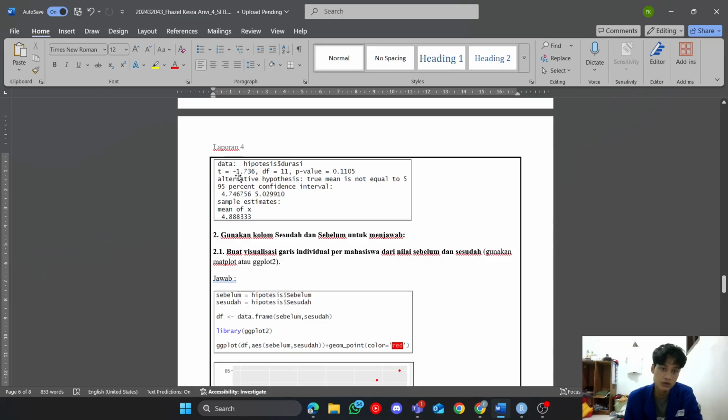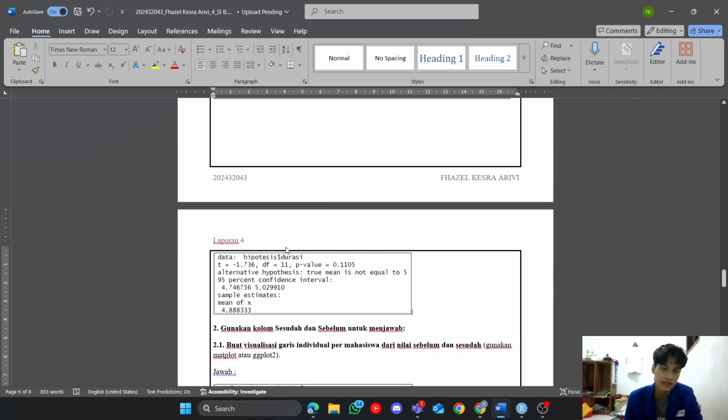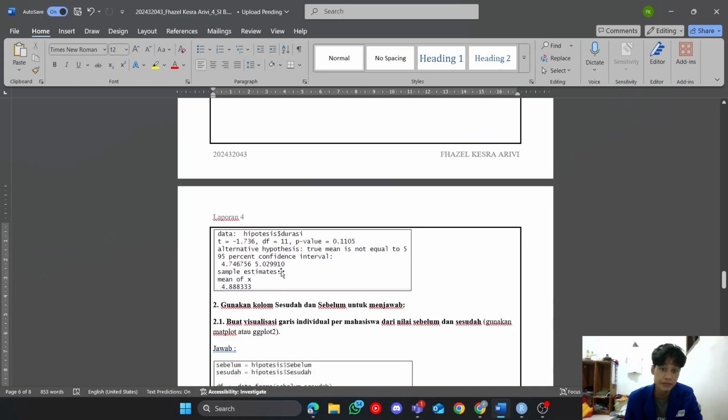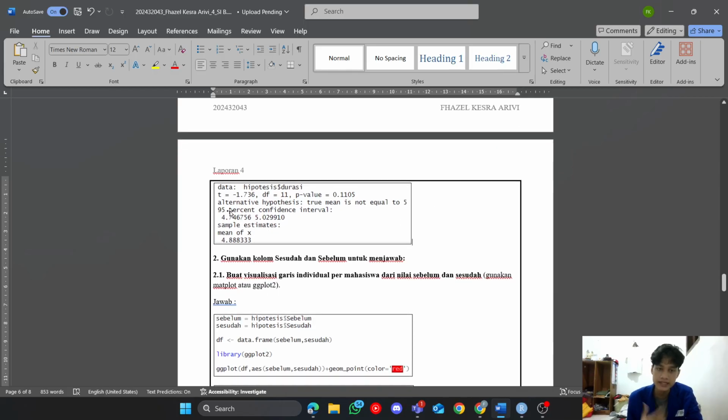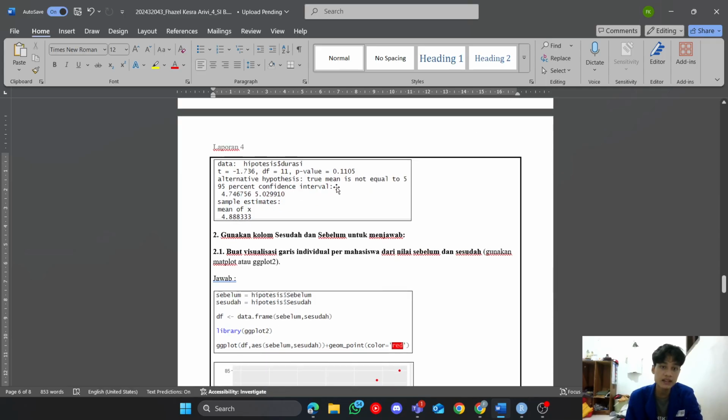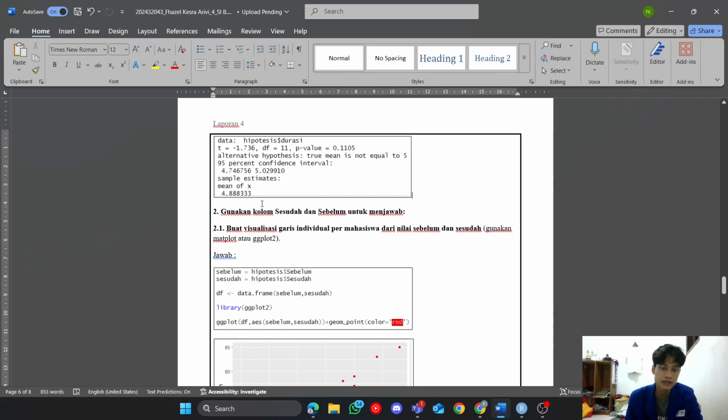The t value is 1.736, and the degrees of freedom is 11 minus 1. So the p value is 1.1105, so we accept the alternative hypothesis. This means the mean is not equal to 5 with a 95% confidence interval, and the mean of x is 4.888333.